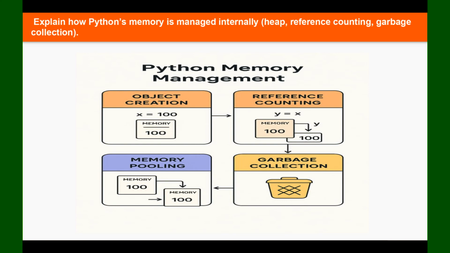Reference counting immediately cleans up when no reference remains. The garbage collector detects and removes cyclic references. The generational garbage collector optimizes performance by grouping objects. Thus, the memory is freed and we can use it effectively.